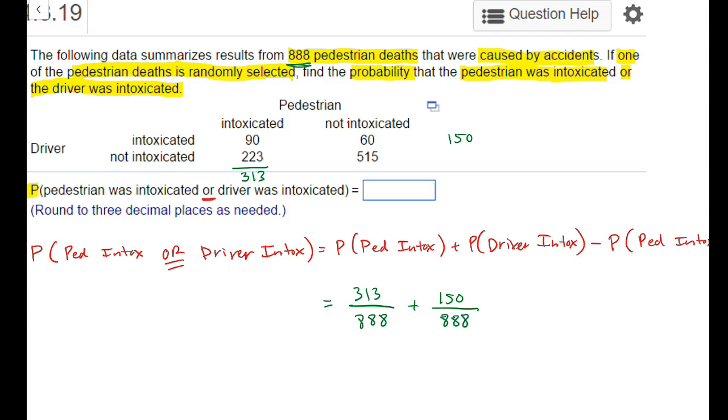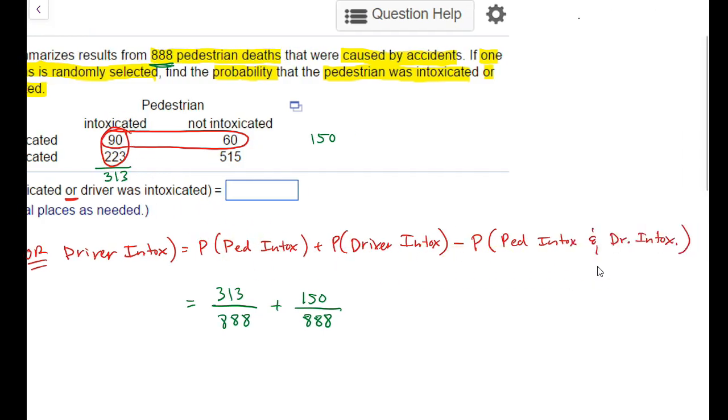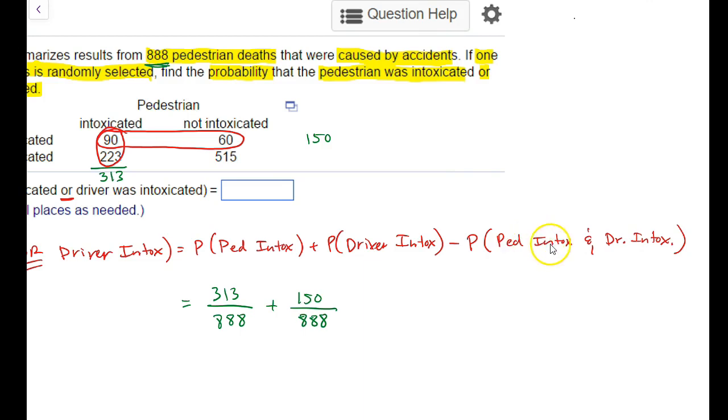So let's kind of visualize this. We have the pedestrian intoxicated, the driver intoxicated. Notice how we circled 90 twice? We're double counting 90. In other words, that's the overlap. That is the pedestrian being intoxicated and the driver being intoxicated.